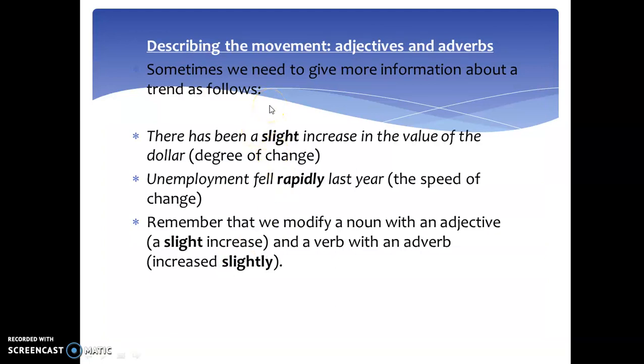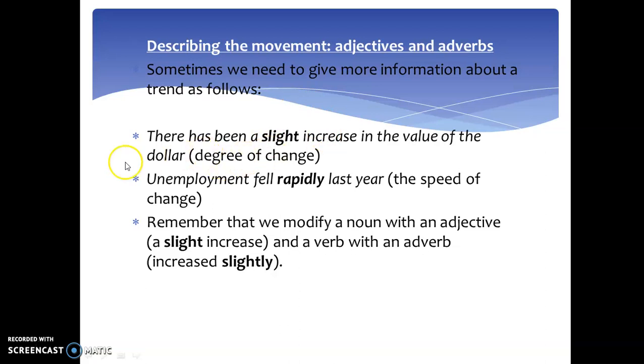In describing the movement, you have the use of adjectives and also adverbs. For example, in this sentence, there has been a slight increase in the value of the dollar. Here, the word slight is referring to the degree of change that actually happened.